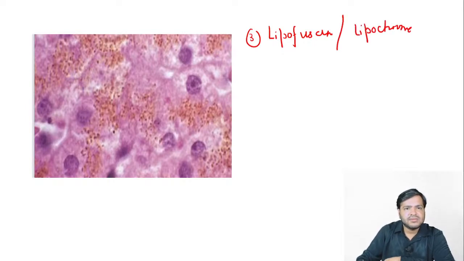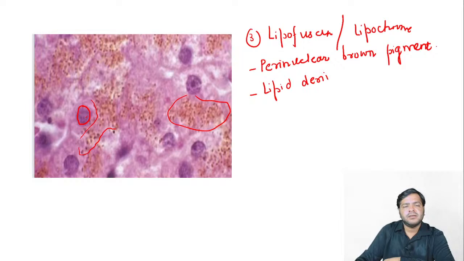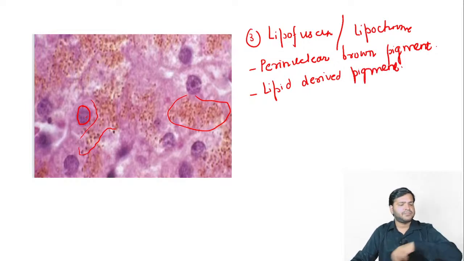You can see the brown color dotted pigments around the nucleus, so this is a perinuclear brown pigment. It is a lipid derived pigment.